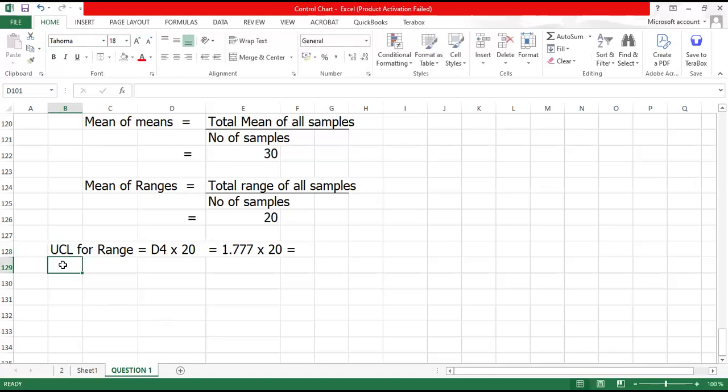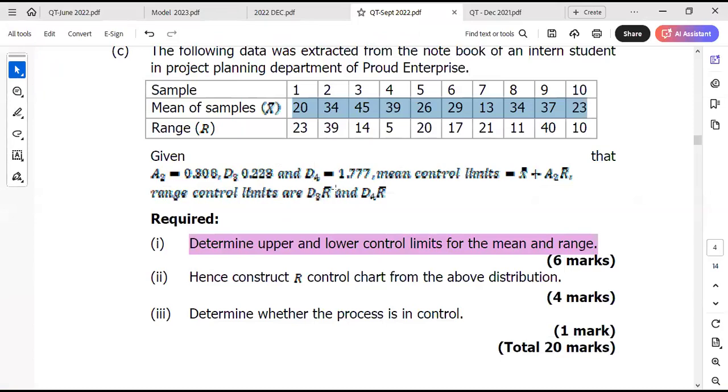Then our lower control limit for range is equal to D3 times 20, the average range. D3 is what? 0.223. Is it 228 or 223?